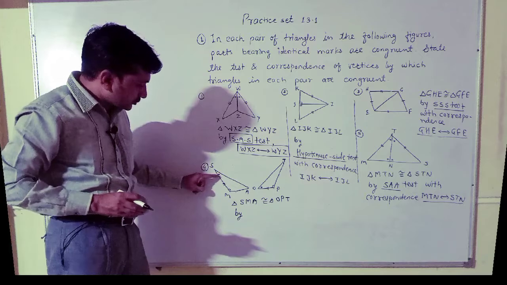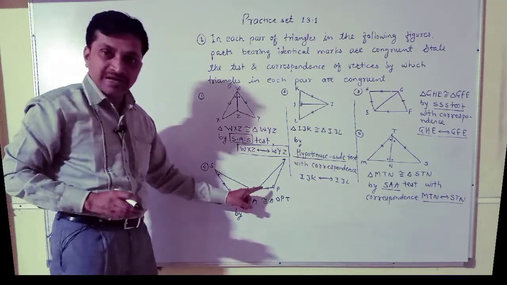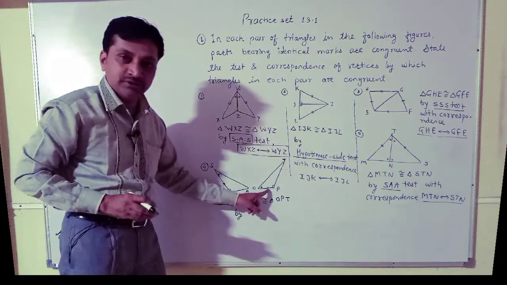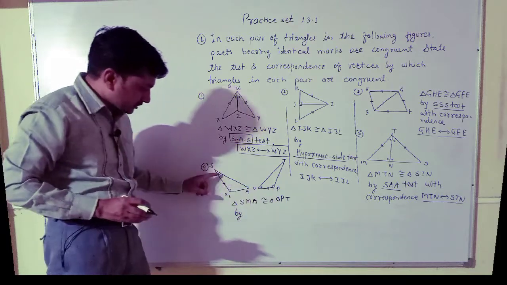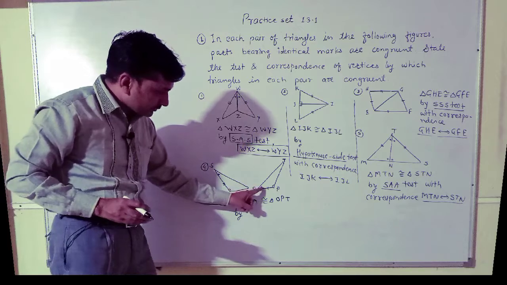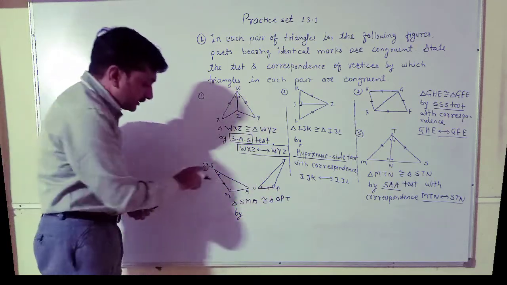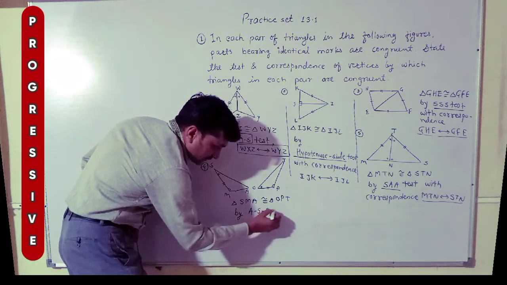Here you see this angle S is congruent with O, means angle. Here side SM is congruent with OP, means side, and here angle M is congruent with P. Now sequence you see, angle, side, angle, angle, side, angle. These two triangles are congruent by ASA test.